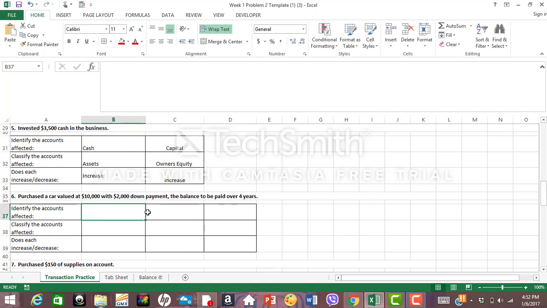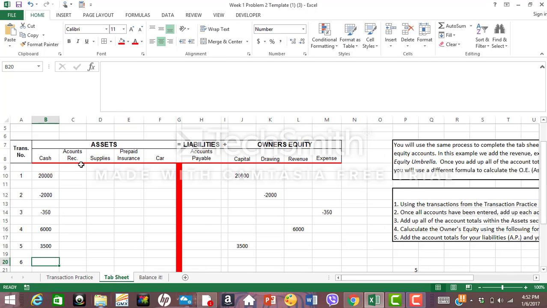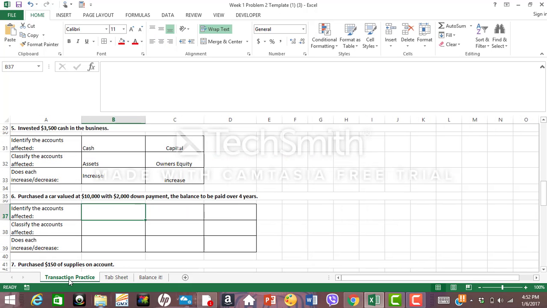So the very first thing is the car. Now let's see how they have it scheduled here. They have a car. Sometimes it's under equipment, delivery equipment. At this particular point, we have a car which is under assets. The account is named car.